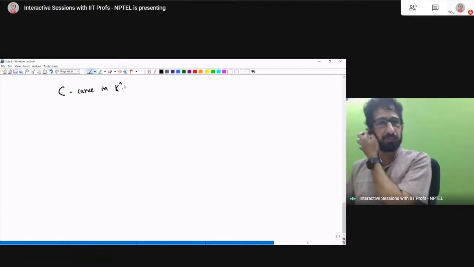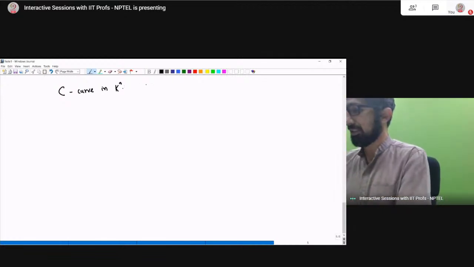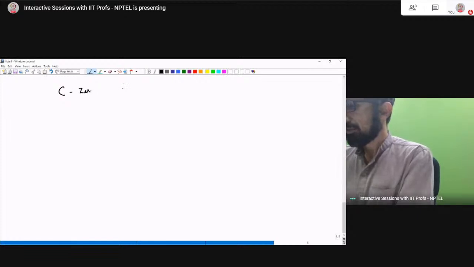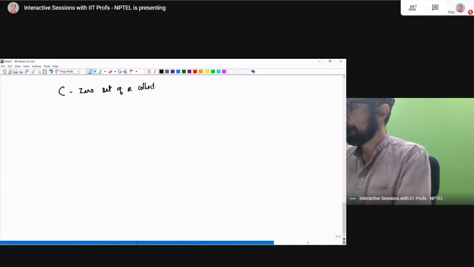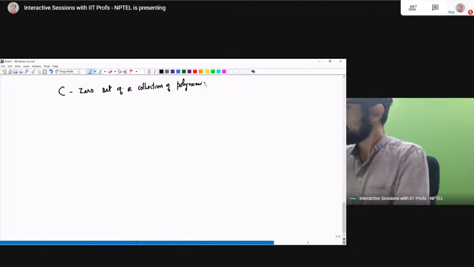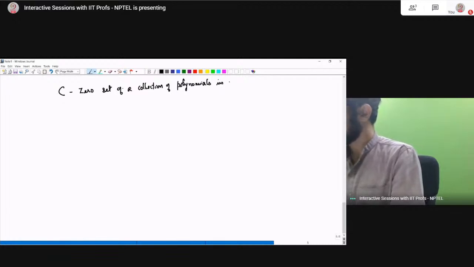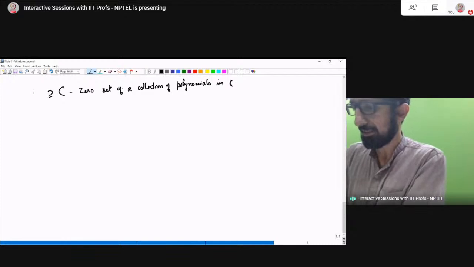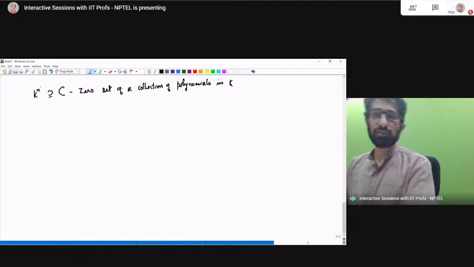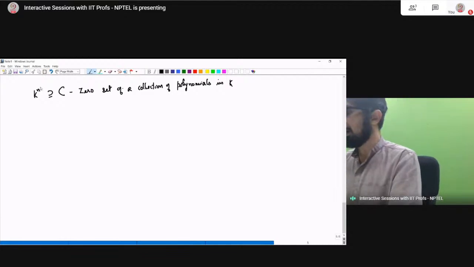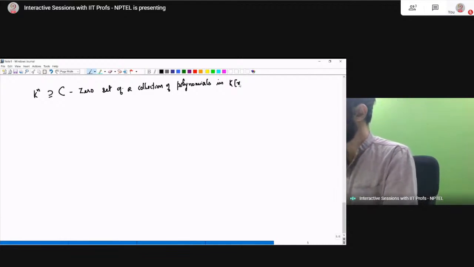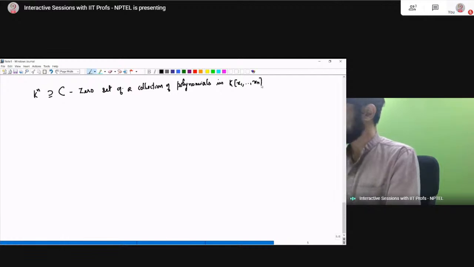I will think of C as the zero set of a collection of polynomials. So this is contained in K^n, where you can think of K as C or R. I will write this as K[x1, ..., xn].